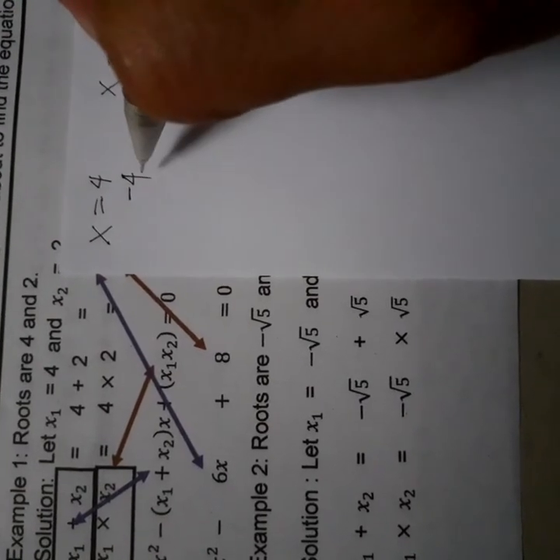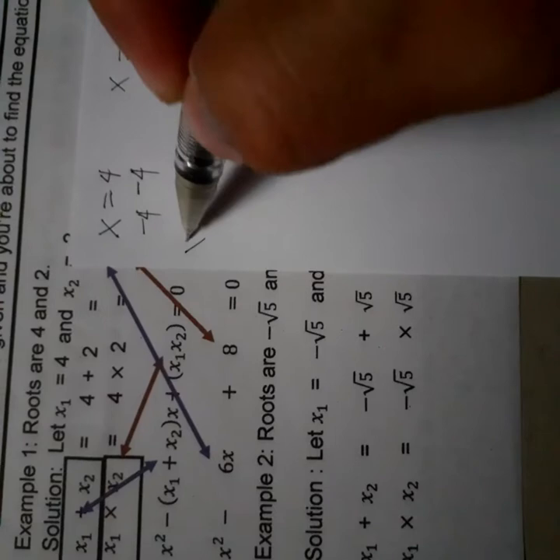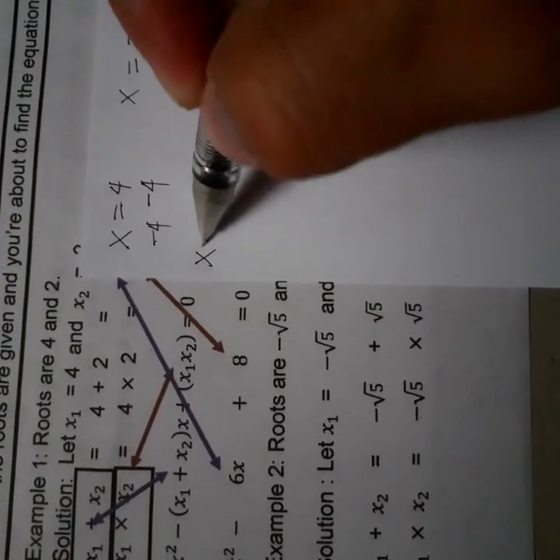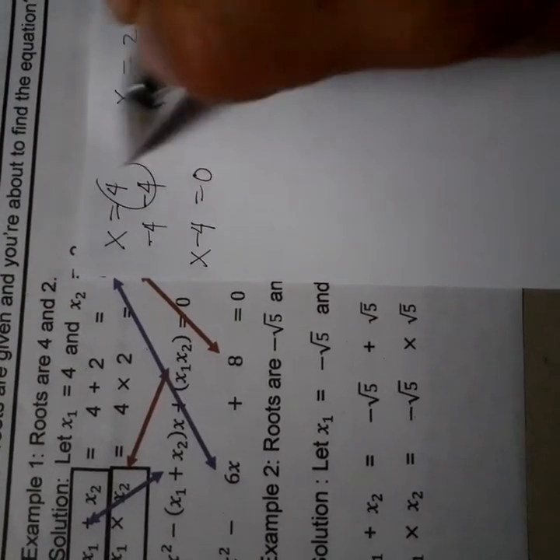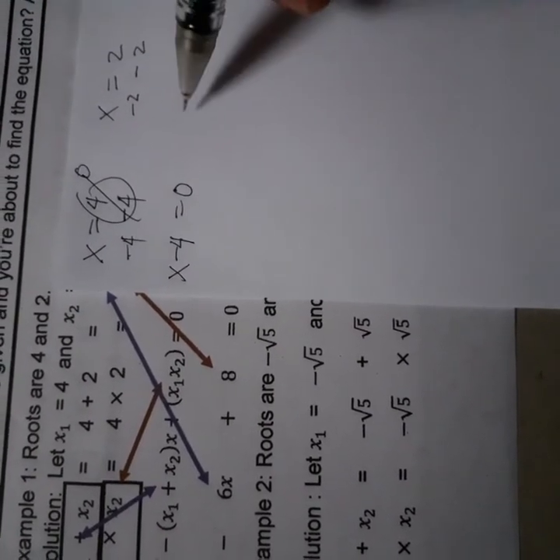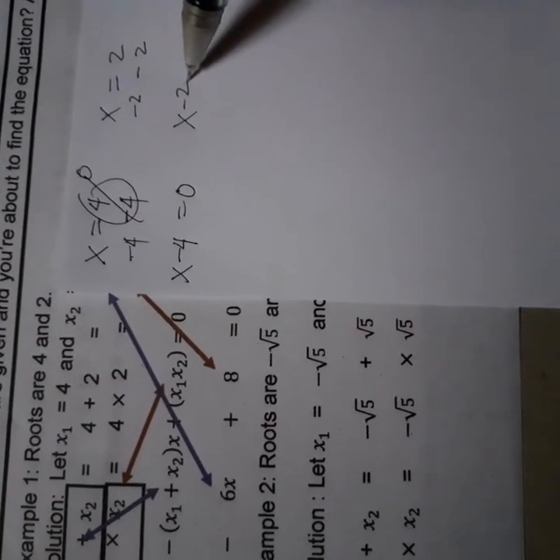Let's try this one. x is equal to 4, so simply, to make this one 0, minus 4. So we get x minus 4 is equal to 0. Right? It is 0. Then, this one, x is equal to 2, minus 2. Then we get x minus 2 equals 0.